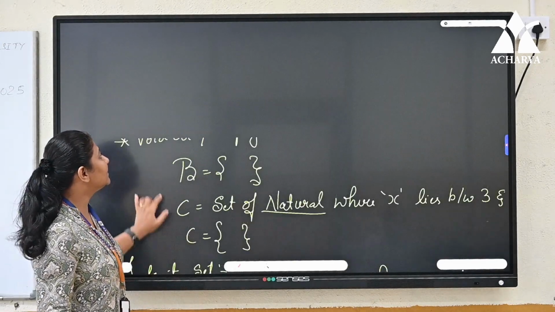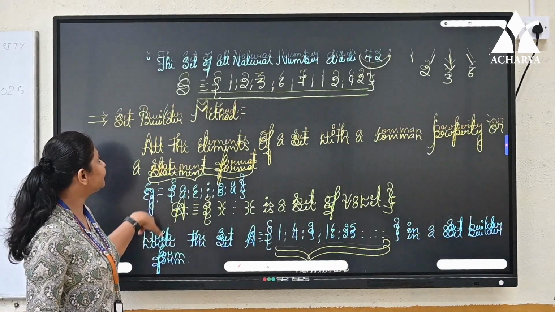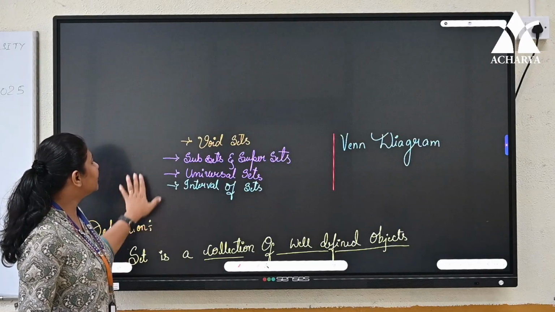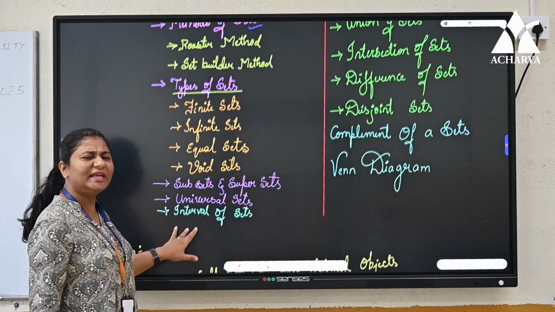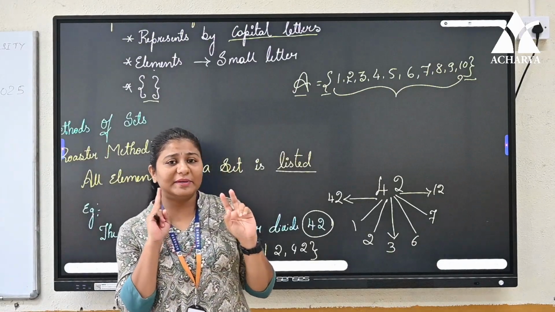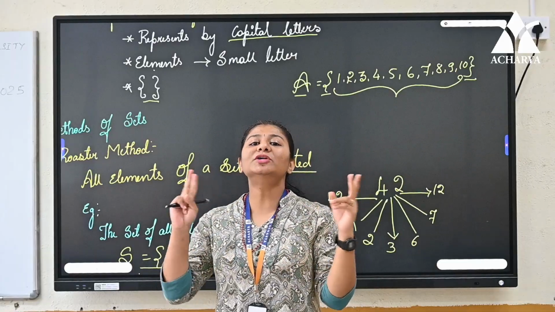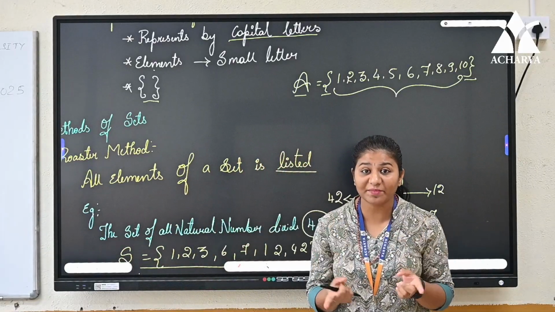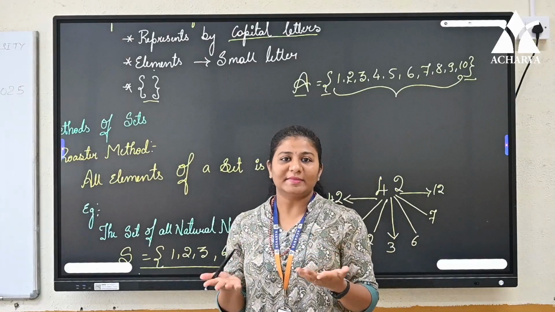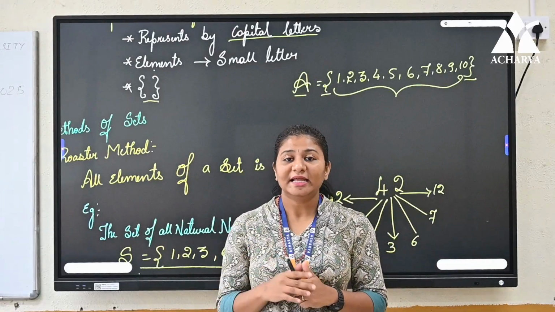The next set is your equal set. It obviously says that when two sets are given, both the sets should have the same number of elements, the same elements. That is an equal set.